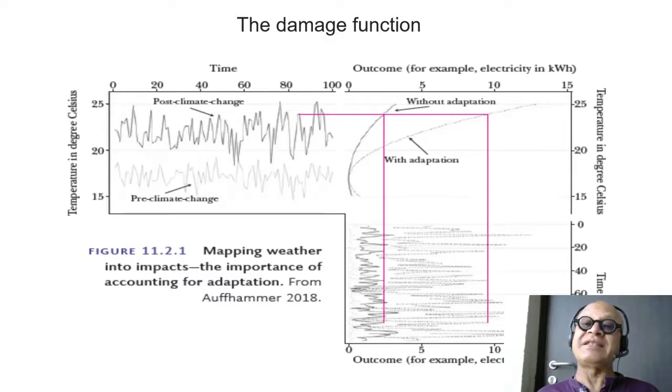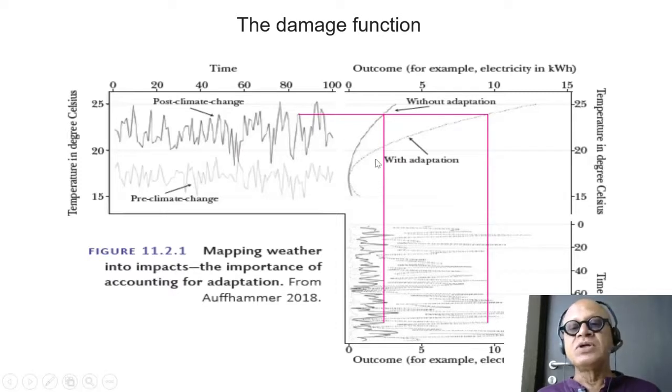Then you cannot sleep, you cannot work comfortably, you cannot protect your computers well enough, and then you begin to invest in air conditioning. So those kinds of things go into this damage function. We will see in a minute exactly what we know about the damage function for various impacts.